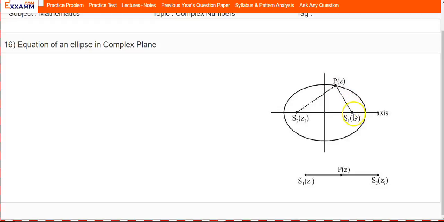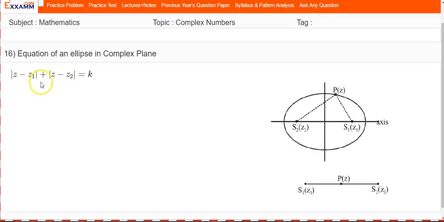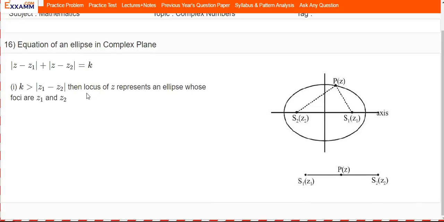Now PS1 is modulus of z minus z1 and PS2 is modulus of z minus z2. So sum of them is constant. So what do we get as equation of ellipse? We get modulus of z minus z1 plus modulus of z minus z2 is equal to k. Here k should be greater than modulus of z1 minus z2. Then locus of z represents an ellipse whose foci are z1 and z2.